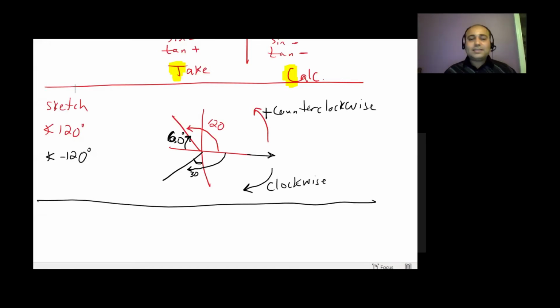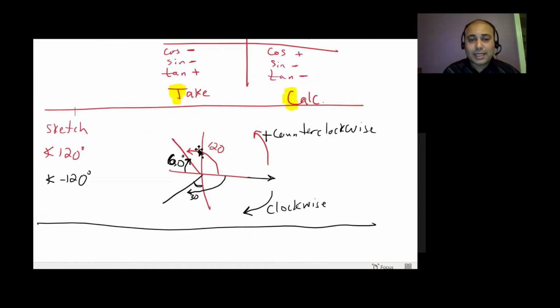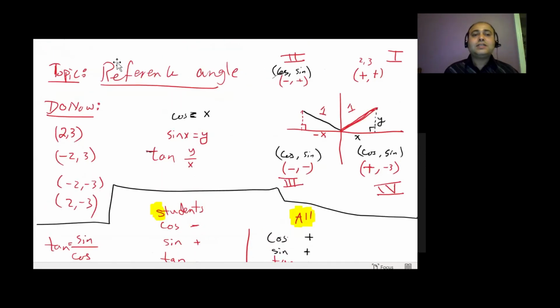Now, what does reference angle mean? That's the name of the topic. We're going to use this chart and this chart to find the reference angle. What does reference mean? Just from the word reference, what do you know about it? Can you give me a little definition?